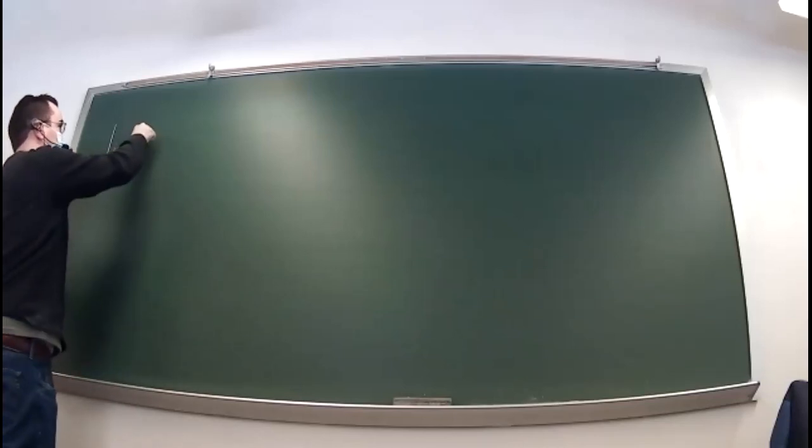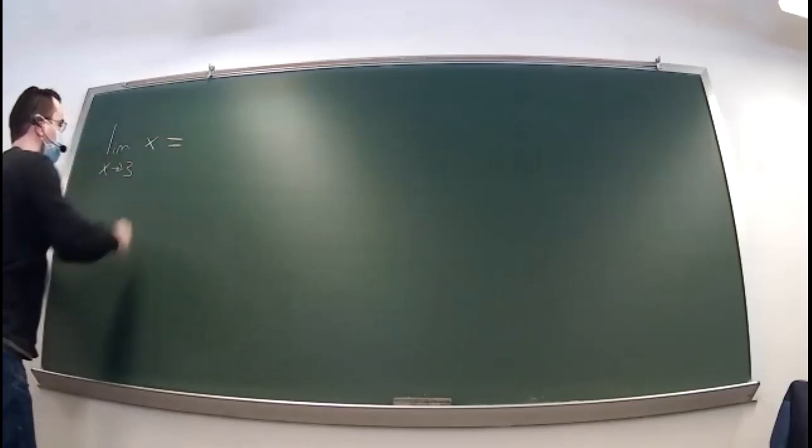So what are these limit laws saying? Limit laws are telling us how to determine new limits based on old ones. Just to help us review, so what if I had the limit as x goes to 3 of x?